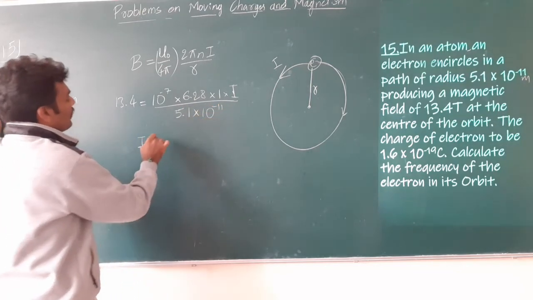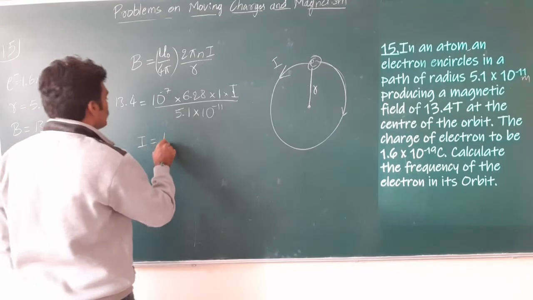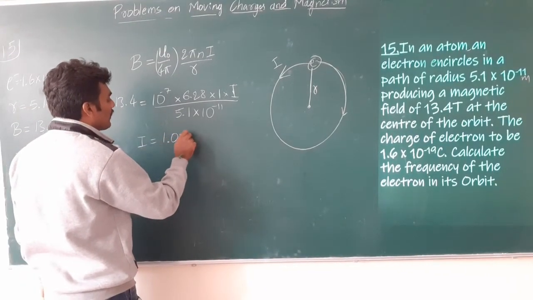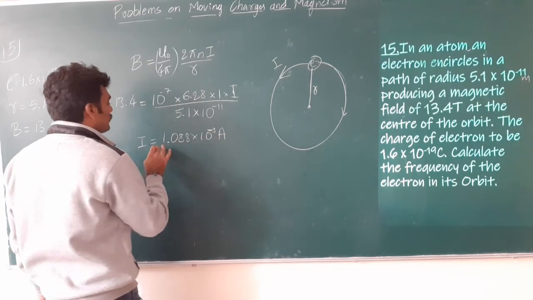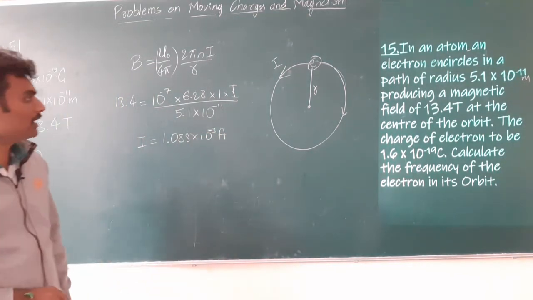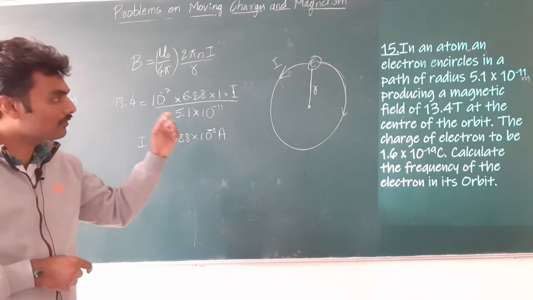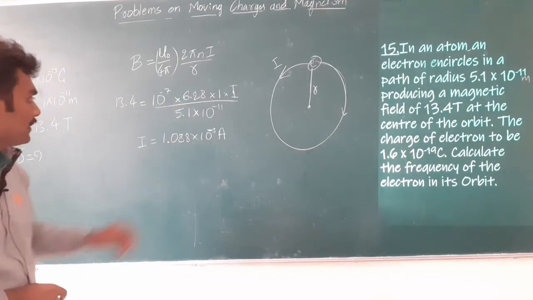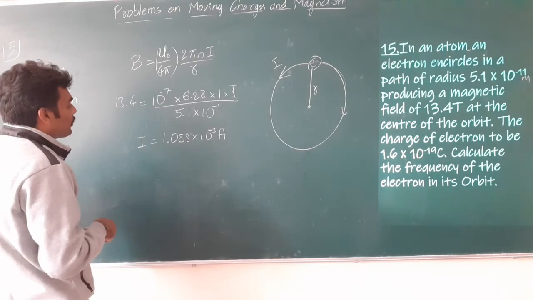Make use of this data, simplify it, and I, that we worked out, is 1.088 into 10 to the power of minus 3 ampere. So this is close to 1 milliampere of current due to one electron. Remember that. Considerably good amount of current in that small region due to a single electron.